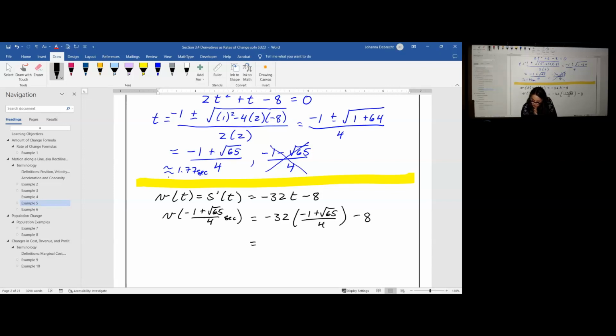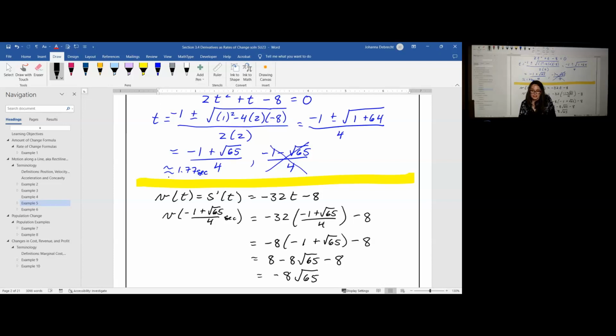The -32 cancels with the 4 and I get -8 times -1 plus the square root of 65 minus 8. This is going to give me a negative value for the velocity. When I distribute this, I end up with 8 minus 8 square roots of 65 minus another 8, which gives me negative 8 square roots of 65.